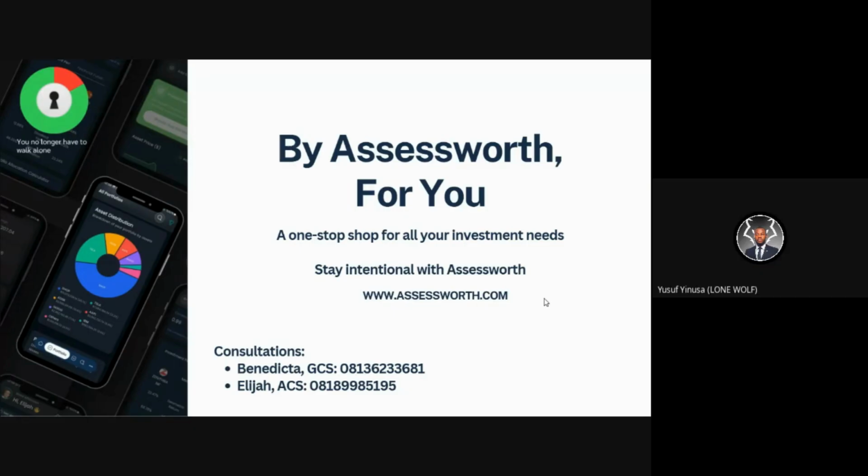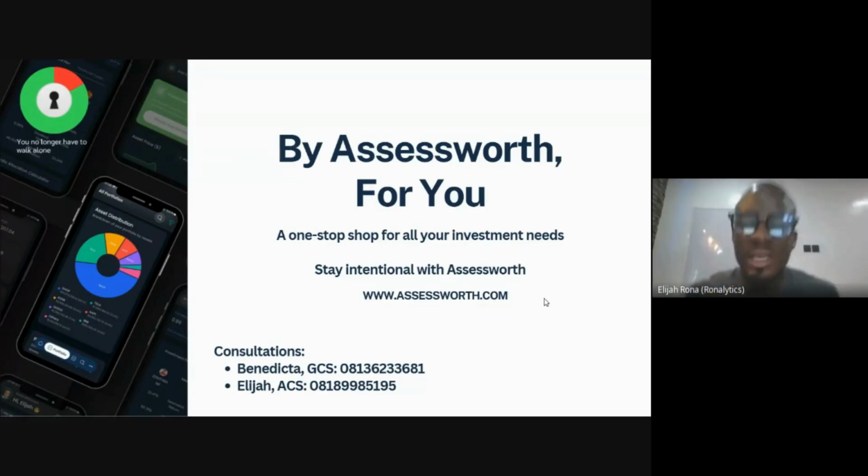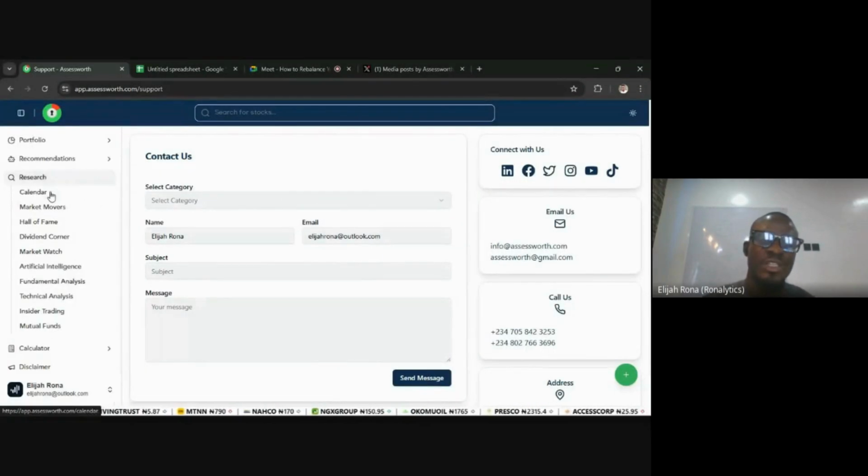Yes, I saw everything. So AccessWatch is simply a platform that helps you make better investment decisions. Before you buy any stock, you search for the stock on AccessWatch to see if it is fundamentally and technically sound before you enter. AccessWatch can also help you track your portfolio, and you can use our AI to analyze your portfolio. If you want to see more of what is happening in the market, we have the research tab.